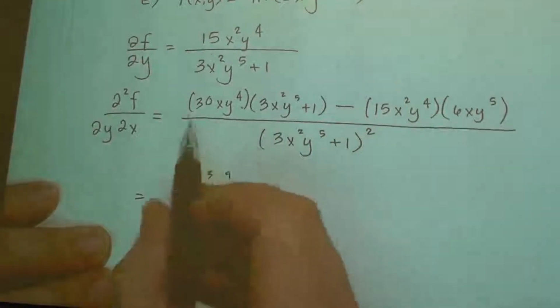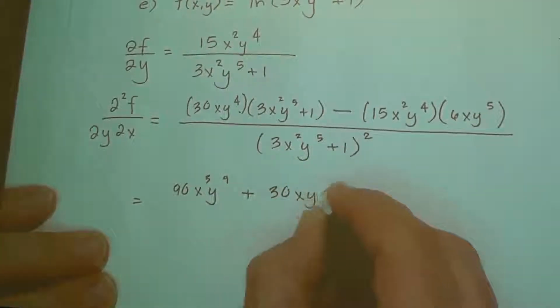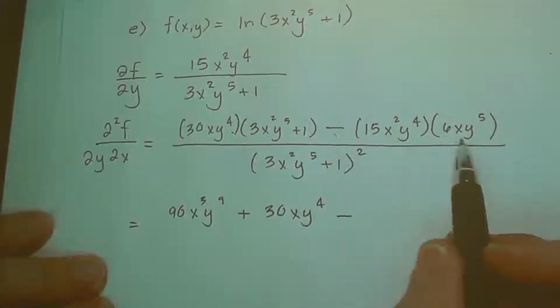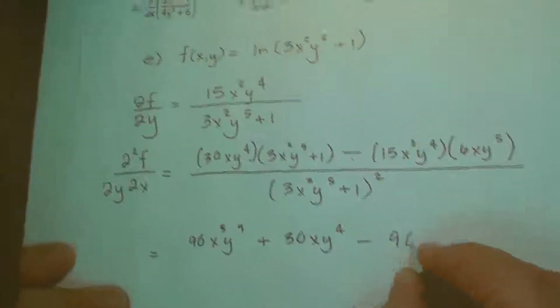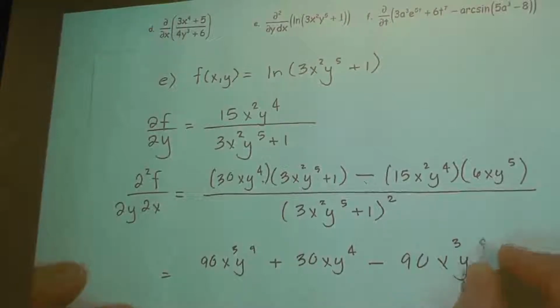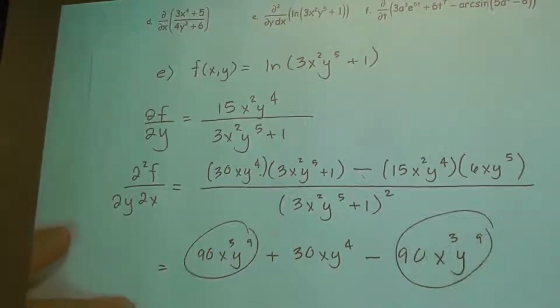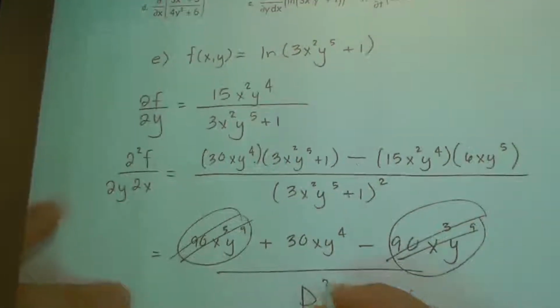Then my plus sign, 1 times this would just be another copy of 30xy to the fourth. And then minus, this is mono times mono, so that's going to be 60 plus 30 is 90, x to the third, y to the ninth. So see, you do get a pair of like terms, and they're the sweetest like terms of all. They're opposites of each other, all over your denominator squared.